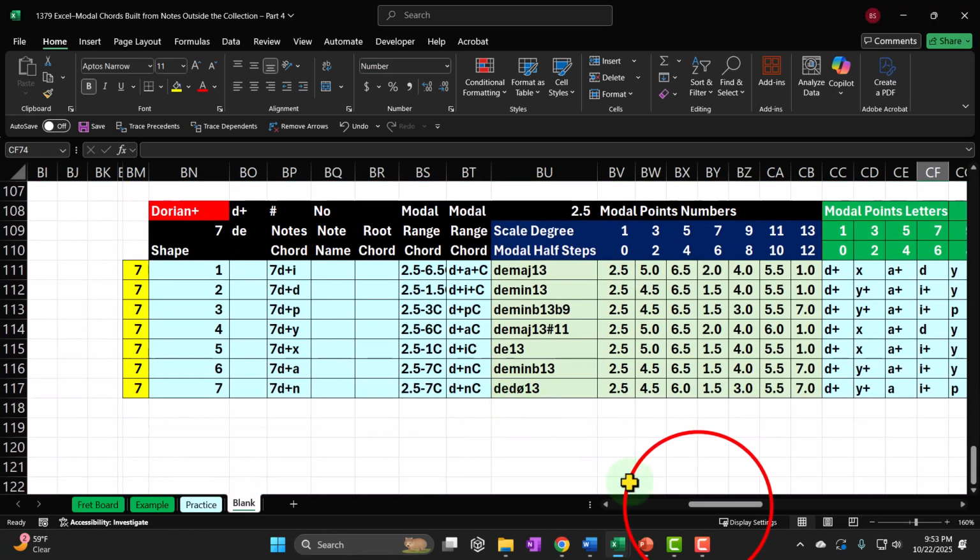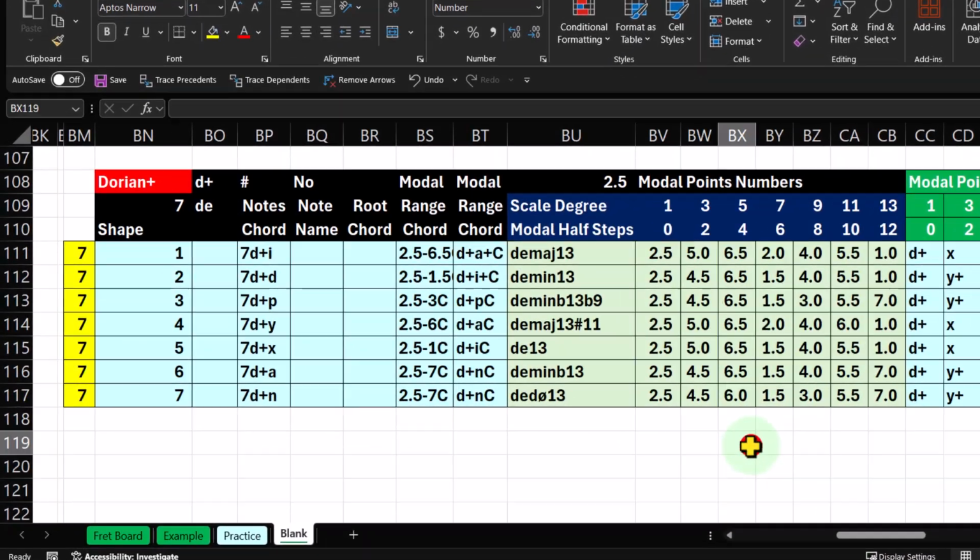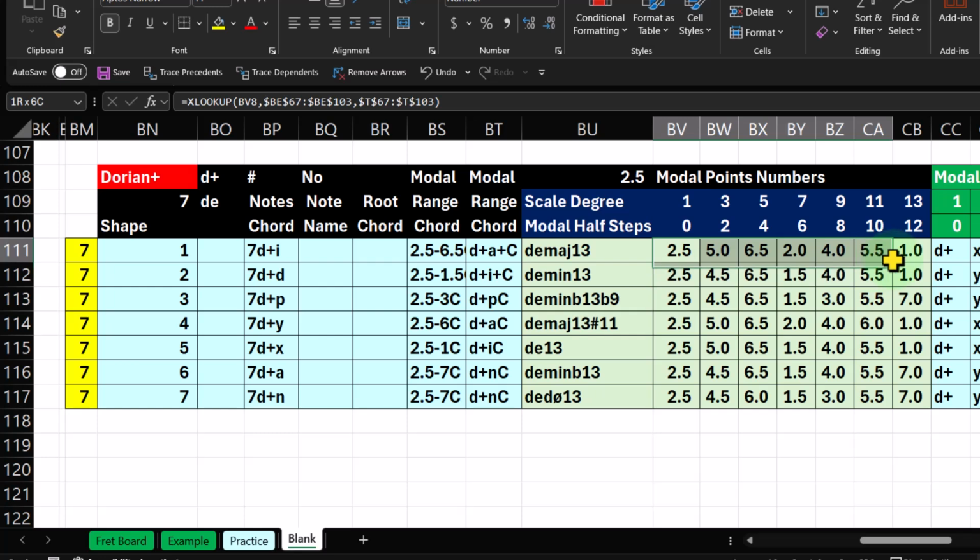Okay, so I think that's right. If I compare it this way and say, does this make sense if I had the Ionian and then I had the Lydian and Mixolydian? We have the same 0 modal half step, first scale degree, second modal half step, third scale degree, fourth modal half step, fifth scale degree. That makes sense. And then we have a difference for the Mixolydian on the 6th modal half step, 7th scale degree.